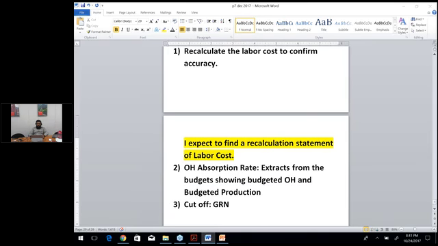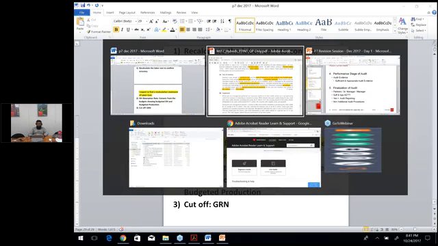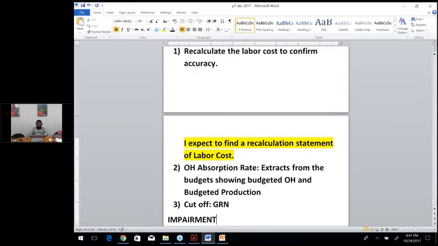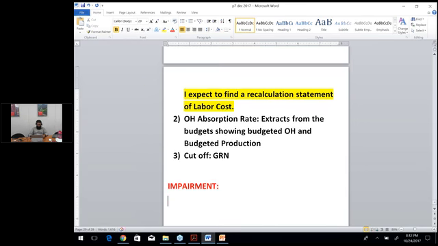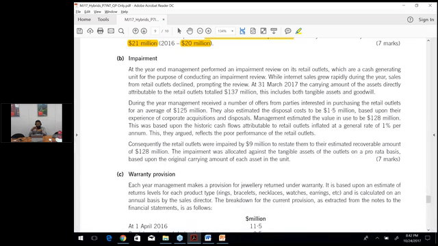Now next is the next section, which is about the impairment. It says that at the year-end, management performed an impairment review on its retail outlets, which are a cash-generating unit.